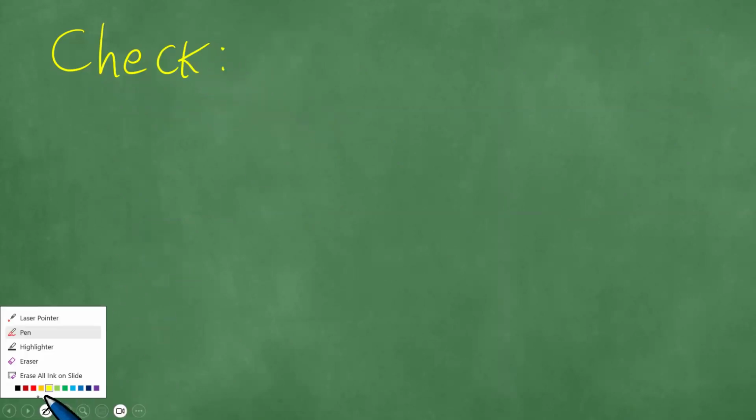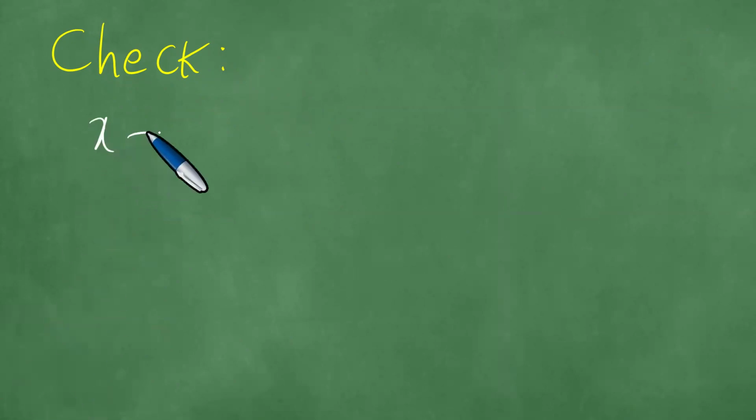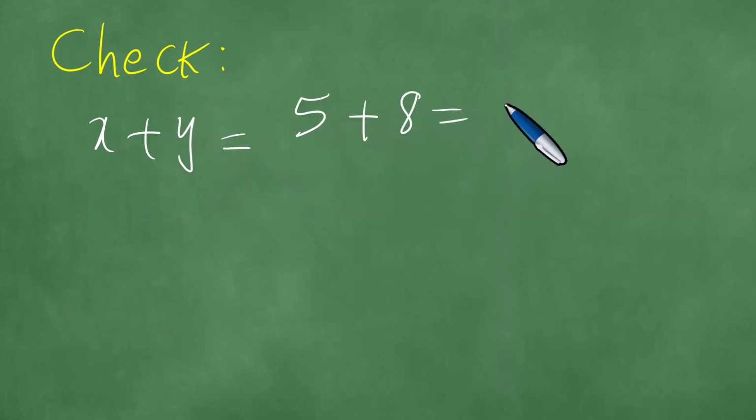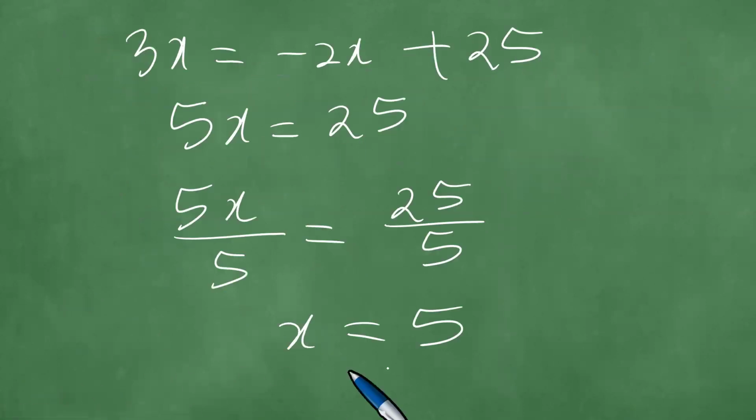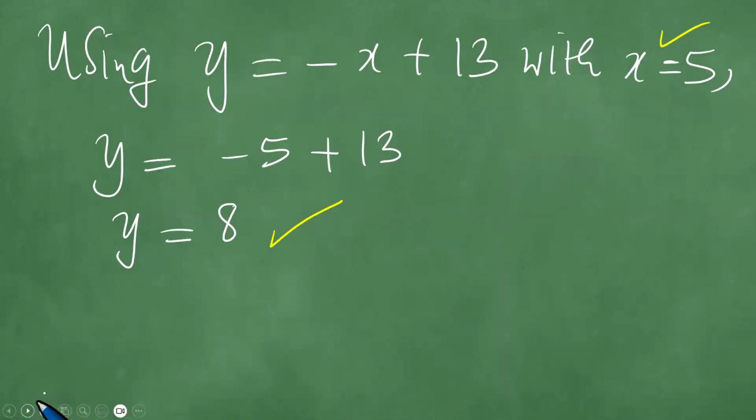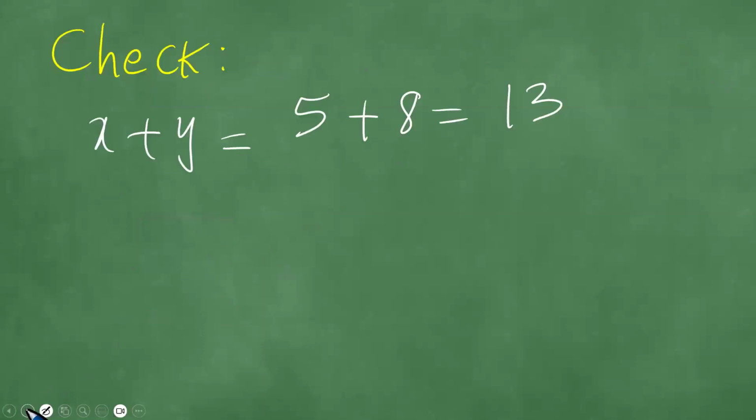Let's do a quick check. Right, to check these answers, we proceed to find the sum of this. We know that x is 5 and y is 8, and therefore the sum is 13.